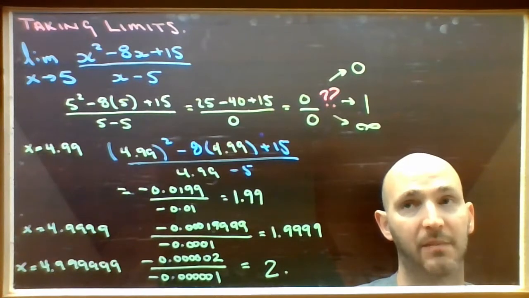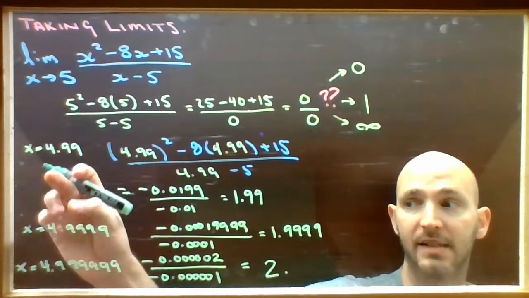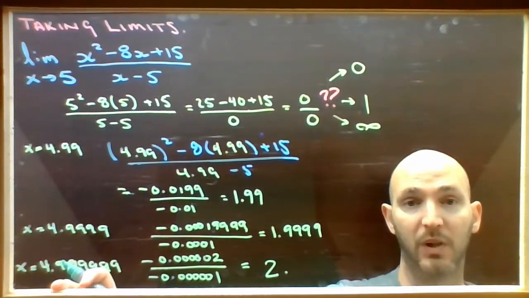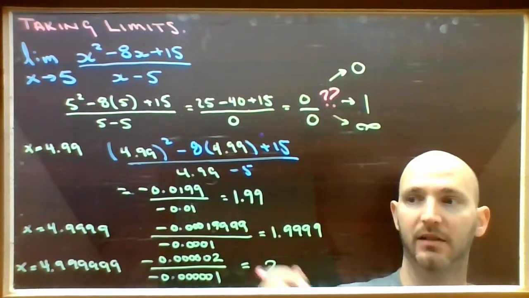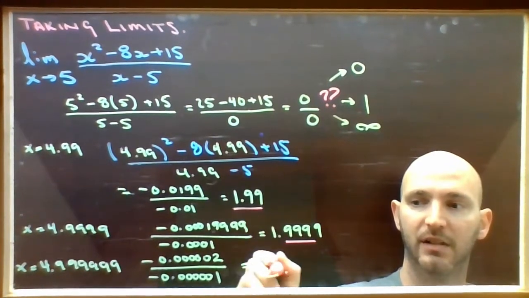So I'm going to ask myself, as x is approaching 5 from below, what are these doing? What's the pattern happening here? From here to here to here.